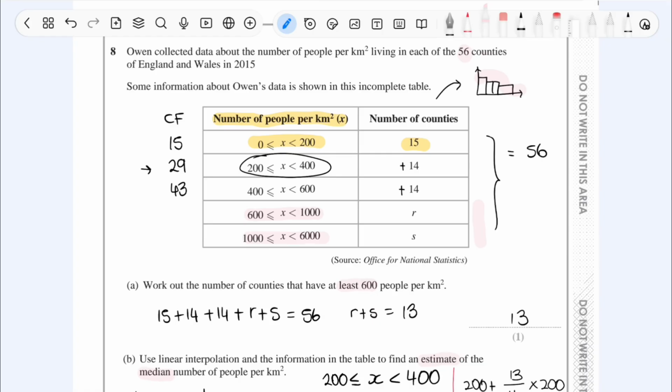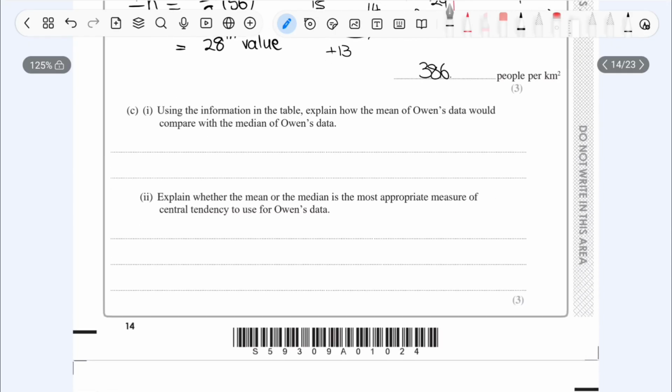goes towards the right, the tail goes to the right, and that means that outlier values are positive and they're pulling it upwards. So this is obviously positive skew. Now in positive skew, you should know that the mean is greater than the median. Now I'll write that down and explain why.